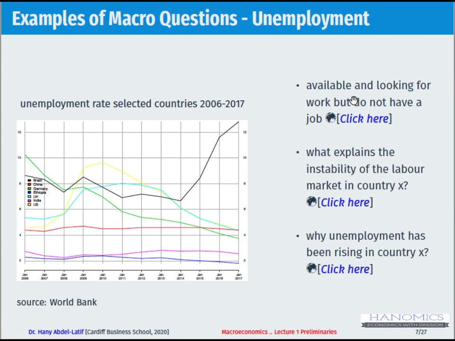I think it's next lecture when we talk about unemployment, we'll talk about how we define it. But for now, I put the first bullet point, which shows that if somebody is active, looking for work, looking for a job, and they can do the job but can't find one, that's what we call an unemployed person.